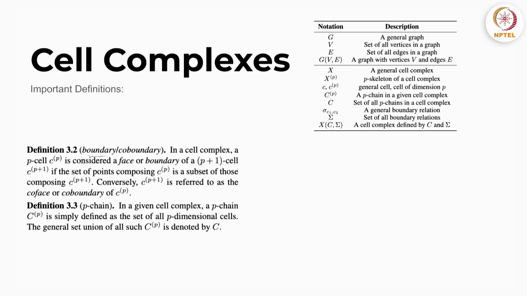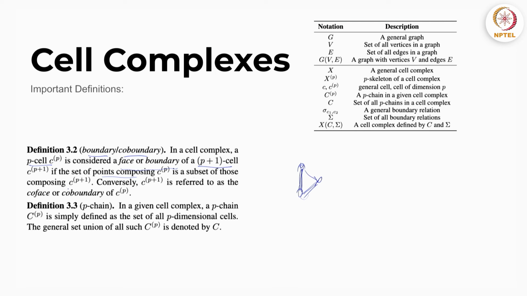Next, we have a boundary or a co-boundary. Let's say we take a small piece of that hexagon. I'm just taking one edge of that hexagon. Here is the edge node or the 1 cell. Now we'll change the terminology and refer to vertices and edges as 0 cells and 1 cells. Here we have 2 0 cells which are connected to one 1 cell. In a cell complex, a P cell is considered a face or a boundary of a P plus 1 cell if the set of points composing the P cell is a subset of those composing the P plus 1 cell.